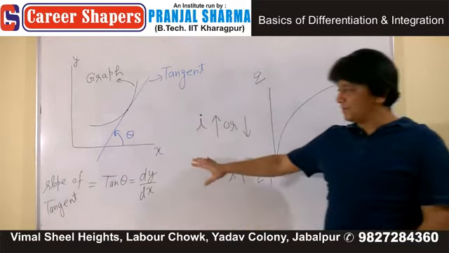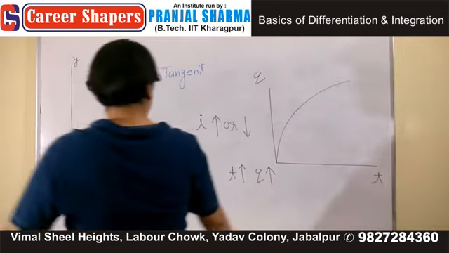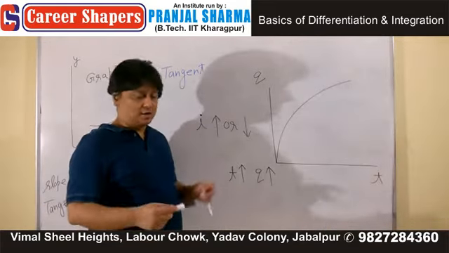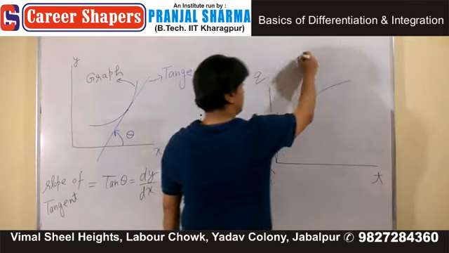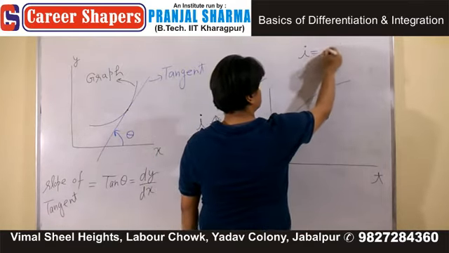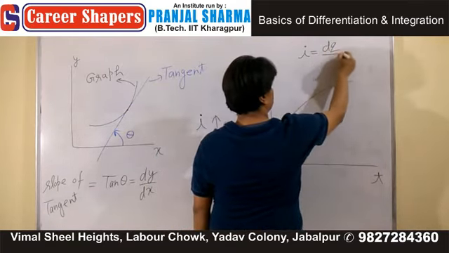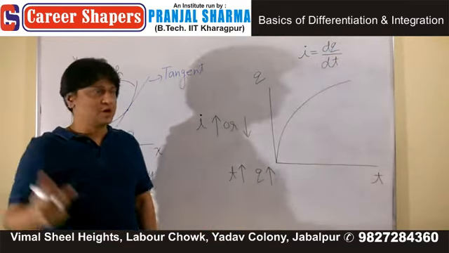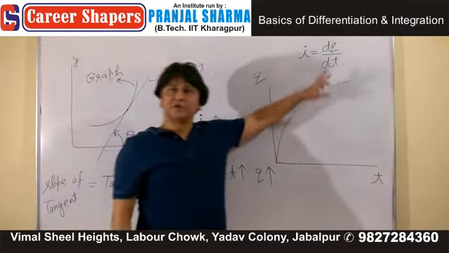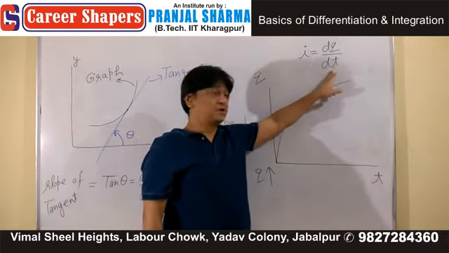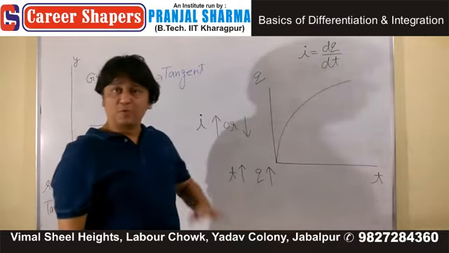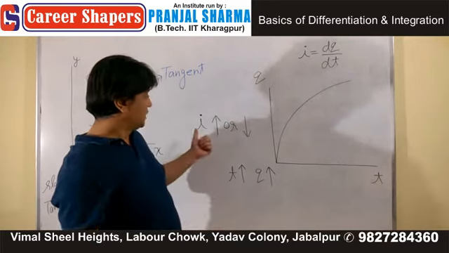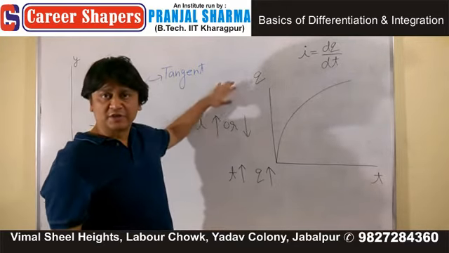Now, once you have this information, we need I. What is I? I is dq divided by dt, the rate of flow of charge, or differentiation of q with respect to t. So what we need is information of I, whether it's increasing or decreasing.